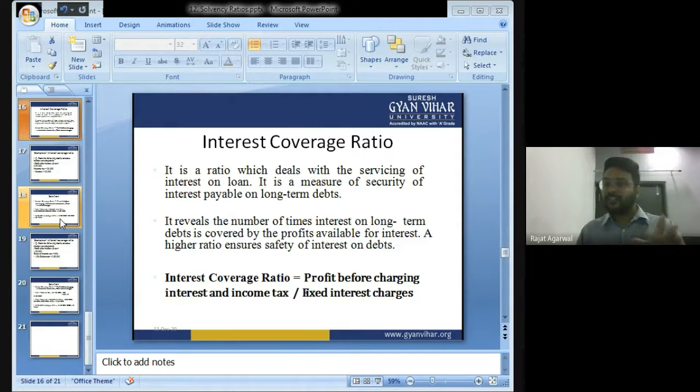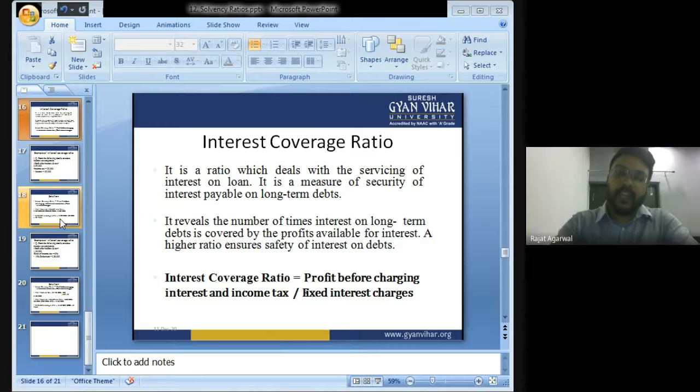So who will be interested in interest coverage ratio? Debenture holders, banks, all these persons who have given you loan will be interested in knowing the interest coverage ratio, so that they can get to know whether the company is capable enough to pay interest on the long-term loan that the company has taken.